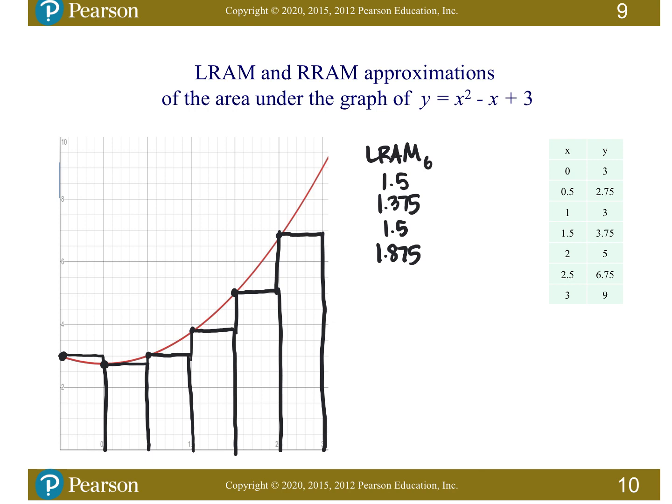What's rectangle number 5 turn out to be? 2.5, good. And rectangle number 6? Good job. 3.375. All right, now add them up.